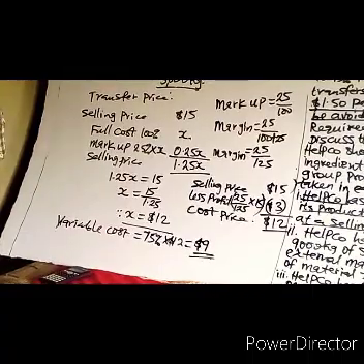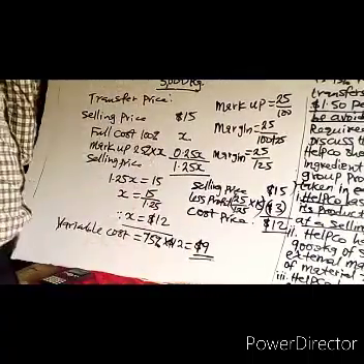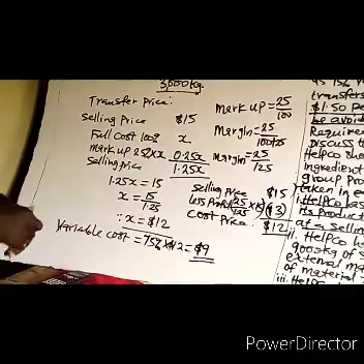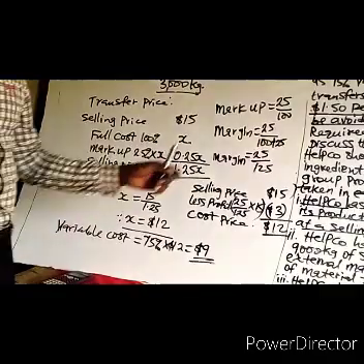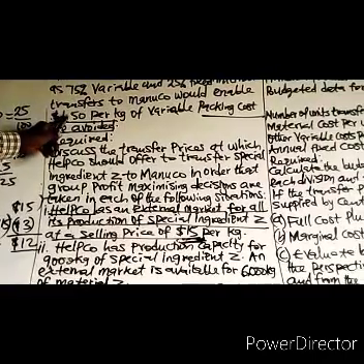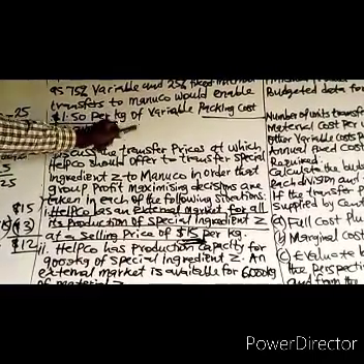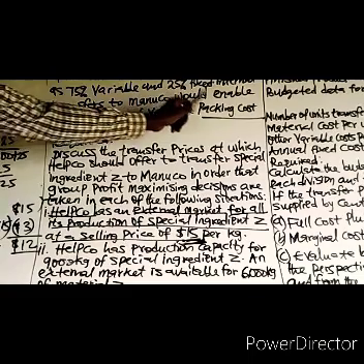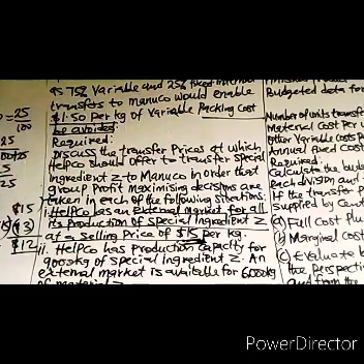So now that is the variable cost. Now remember, if they transfer, the $1.50 per kg of variable packing cost can be avoided.